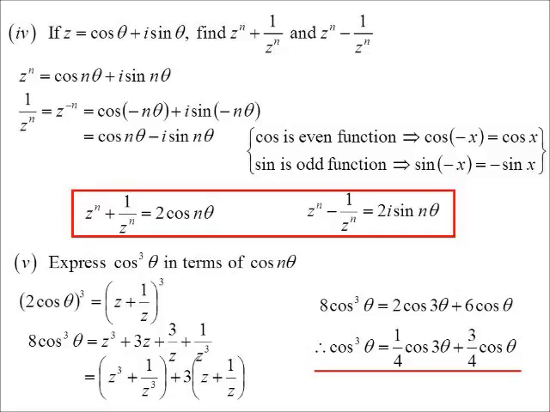So I now can say, well, look, 8 cos³θ is 2 cos 3θ plus 6 cos θ. I just have to divide by 8 and I've got my result. So we get 1/4 cos 3θ plus 3/4 cos θ. So again, using complex numbers to solve this problem is so much quicker than when we were playing with trig identities before.